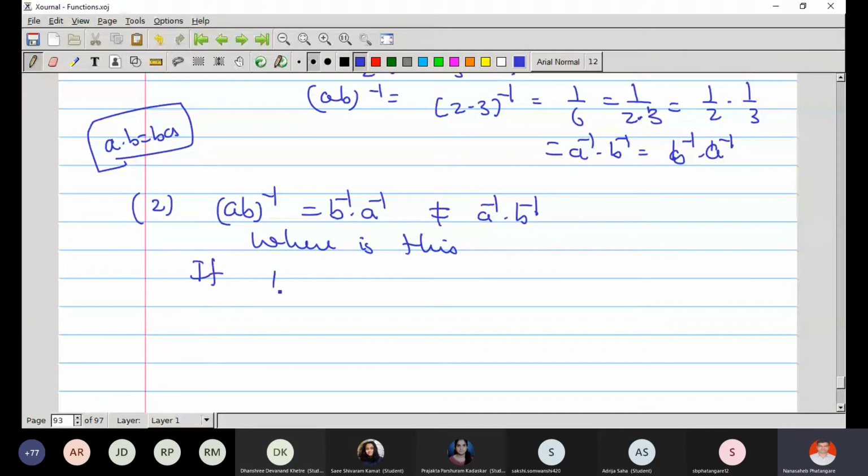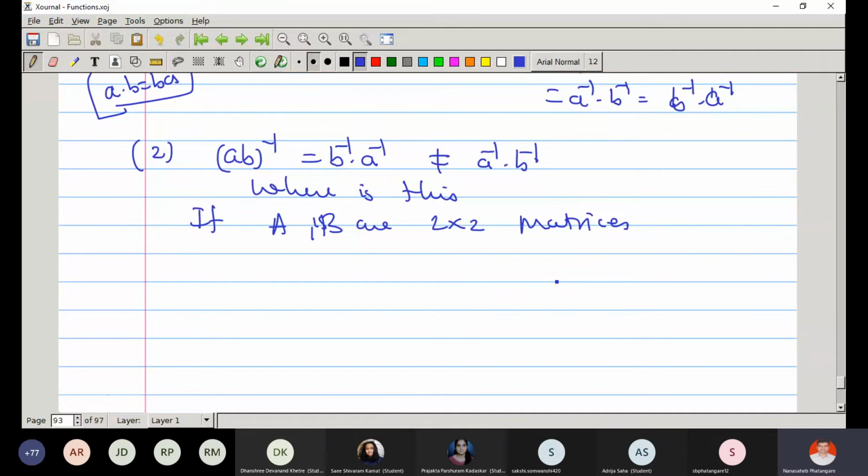So if A and B are 2 by 2 or 3 by 3 matrices, then (AB) inverse is B inverse A inverse, and it is not the same as A inverse into B inverse.